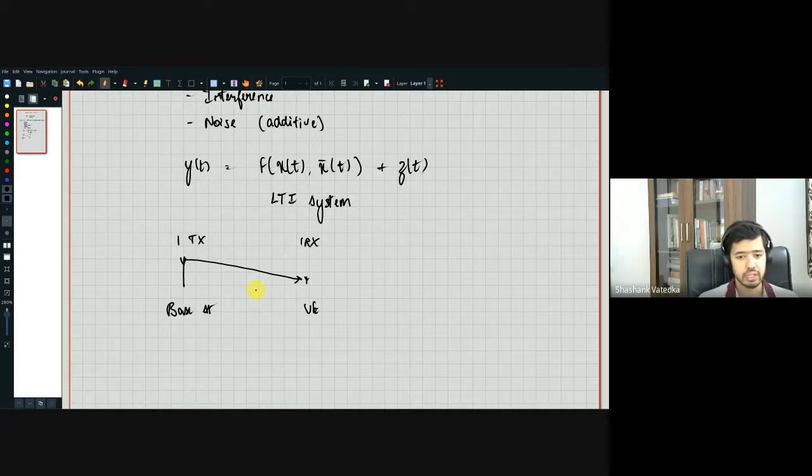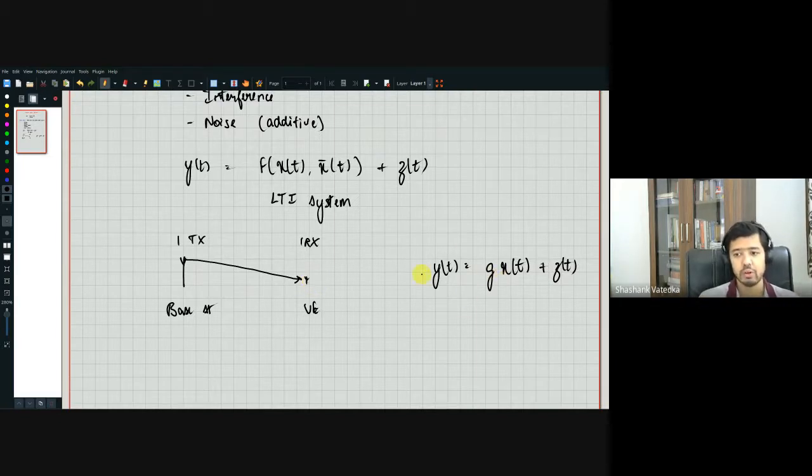If there were no other kinds of reflectors or anything else, then all we would see would be absorption loss. So that would mean that the received signal would be some constant, let's say g times x of t plus maybe z of t, because there could be some kind of additive noise.